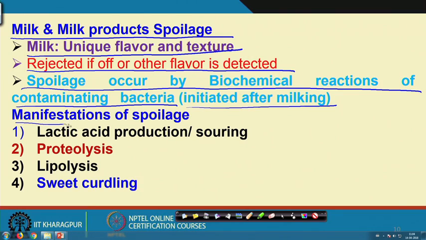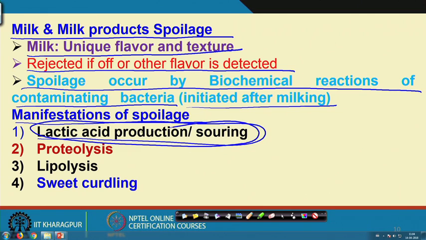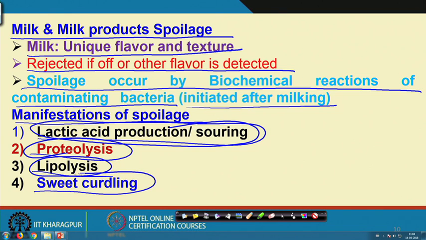Okay, what are those? Manifestations of spoilage are by lactic acid producing bacteria causing souring, by proteolysis, that is by degrading protein, lipolysis, that is the degradation or hydrolysis of lipid, or sweet curdling, right.